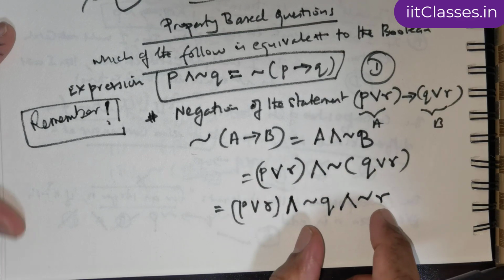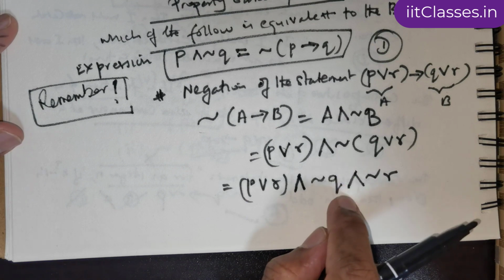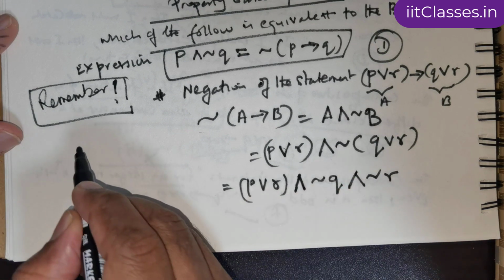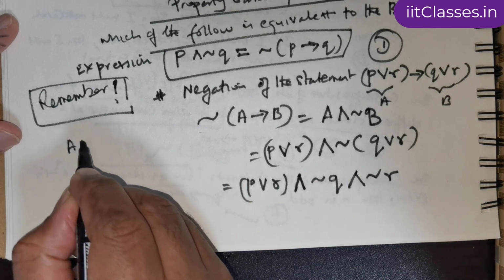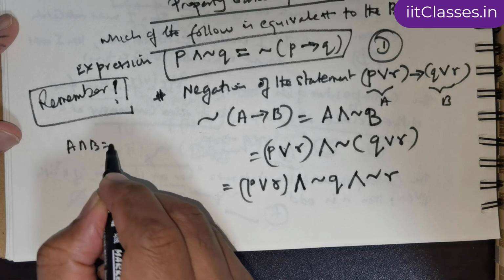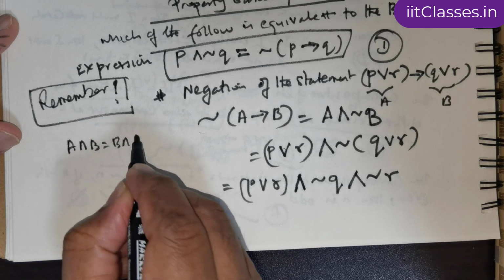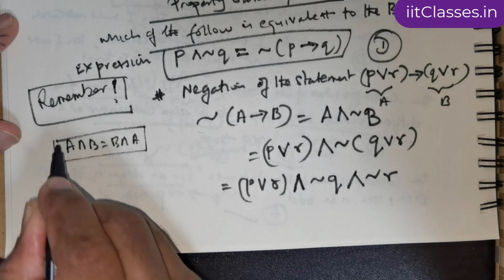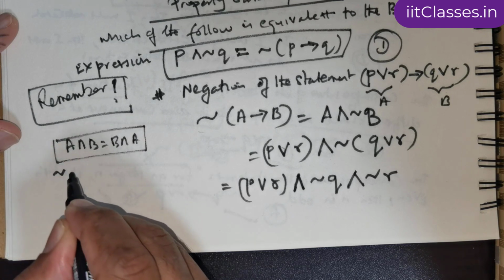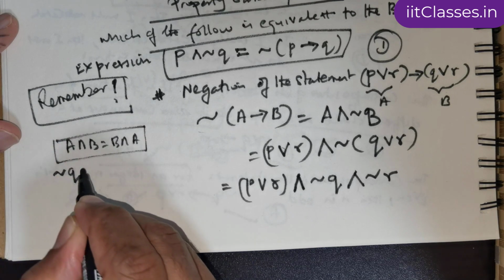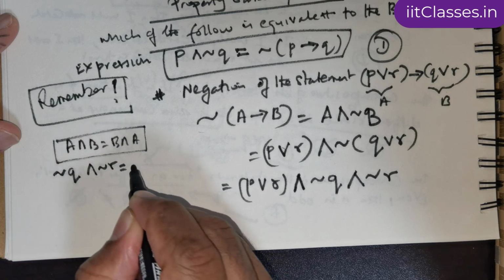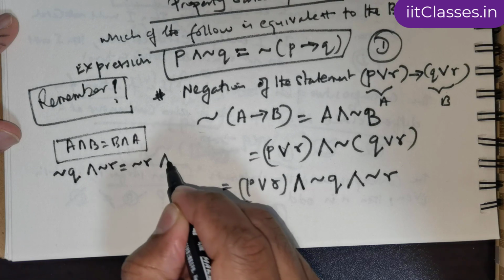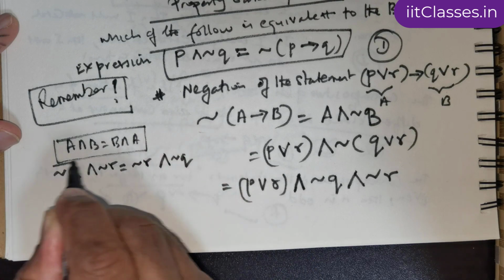Now we got the component like this with the conjunction being featured there. I already explained to you, we take conjunction as intersection. So A intersecting B is equal to B intersecting A, right? So by this property, negation of Q conjunction negation of R is same as negation of R conjunction negation of Q.